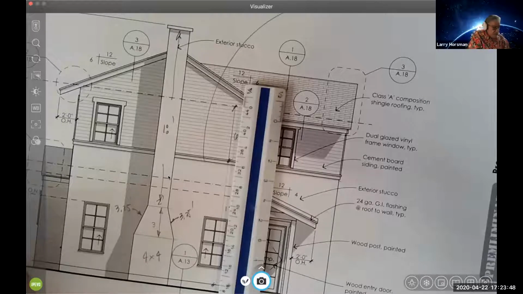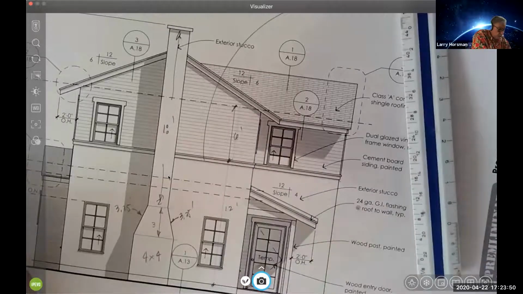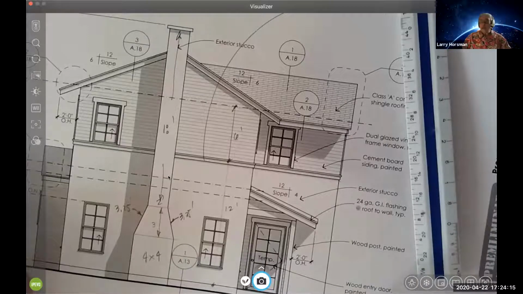From a flashing standpoint, you know, it might actually make more sense to do something like that, which you can't see.